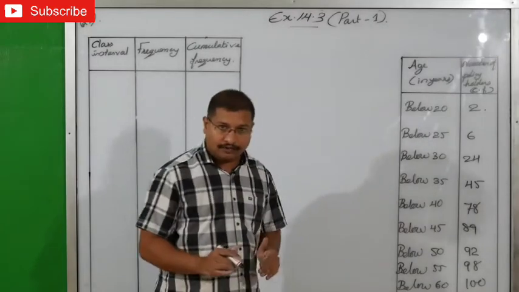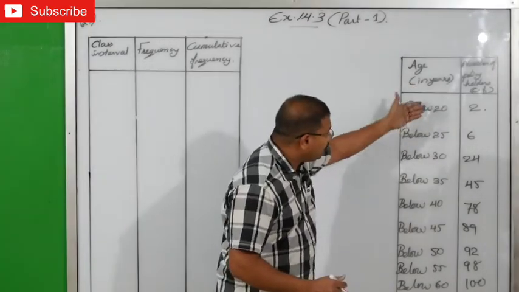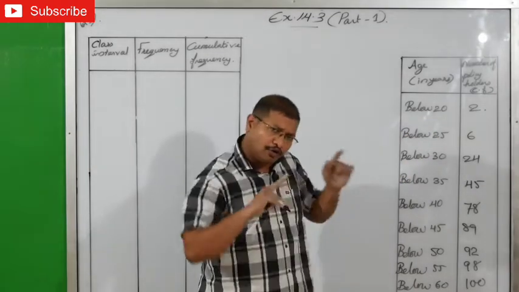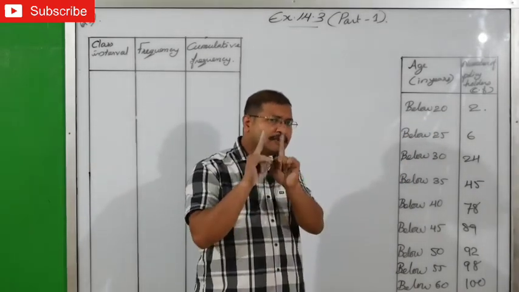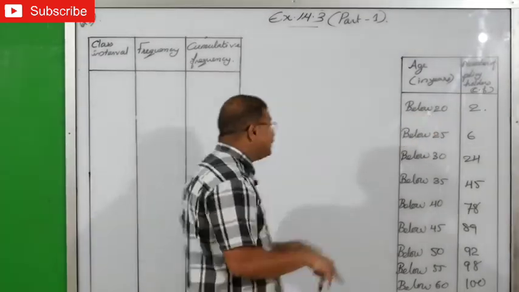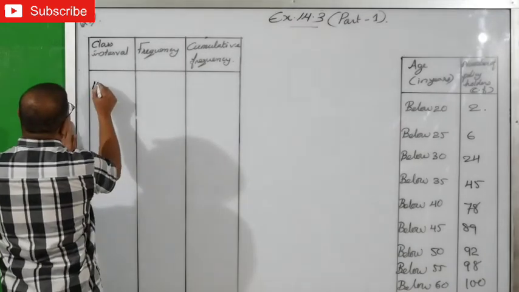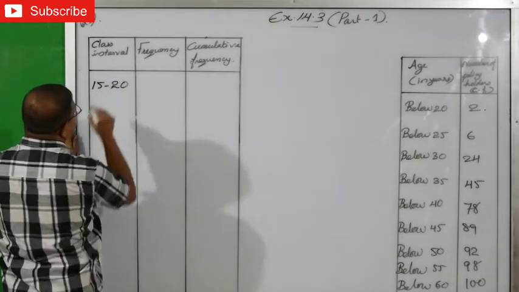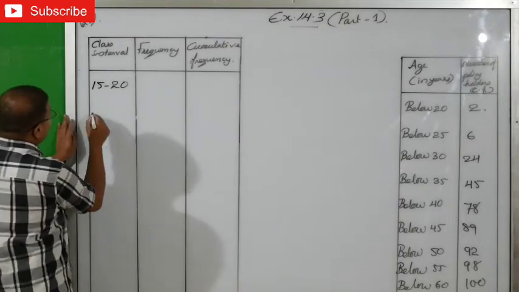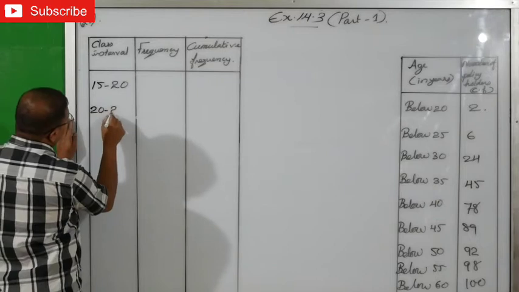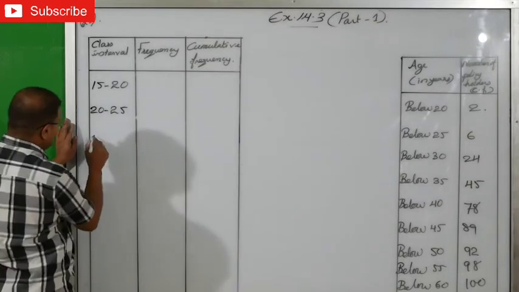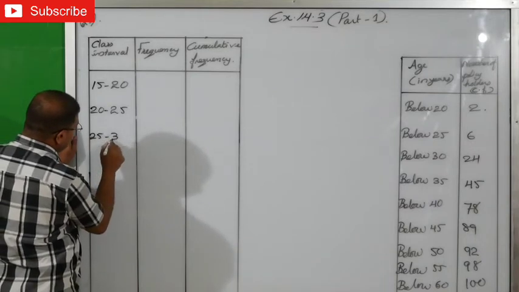Here the age is given as below 20, below 25, below 30. What is the difference here? 5. That means the difference is 5. So we'll start with 15 to 20 for below 20. Now below 25 means 20 to 25, below 30 means 25 to 30.